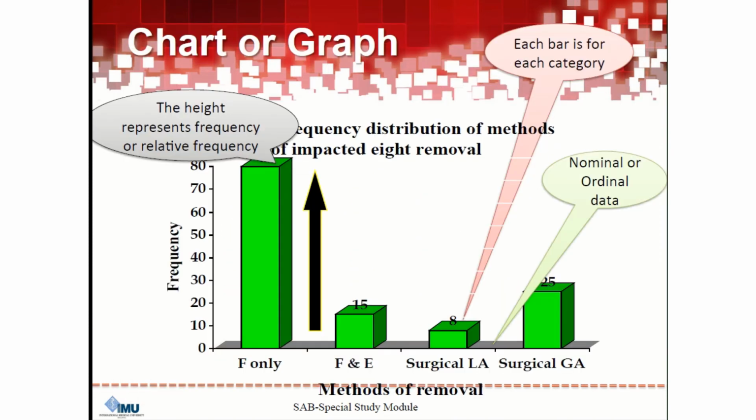Then the other way to present the data is using a chart, right? Going back to the extraction case, forceps alone we have around 80%, a little less than 80% to almost 80%. Then forceps and elevator is 15%, and surgical LA is 8% only. Surgical GA is again 25.